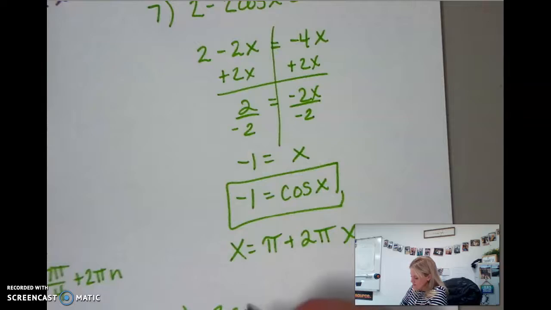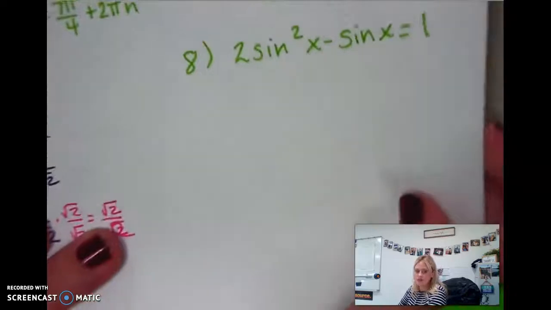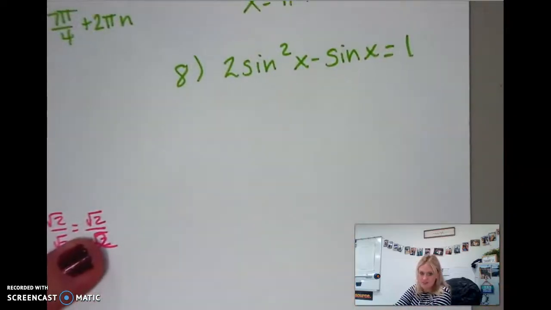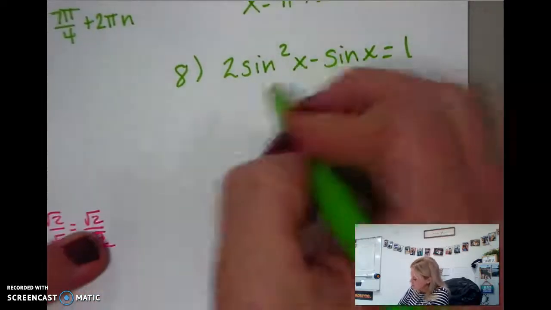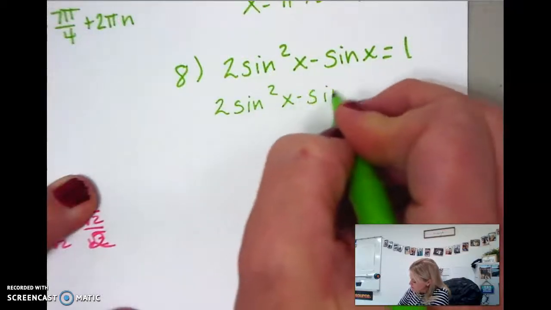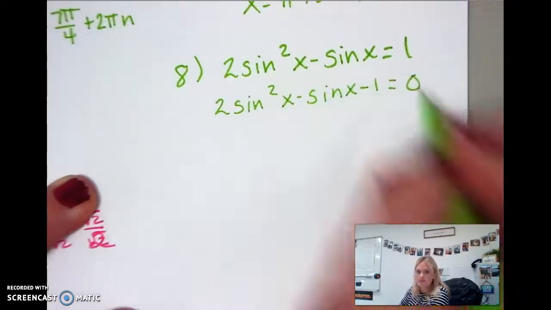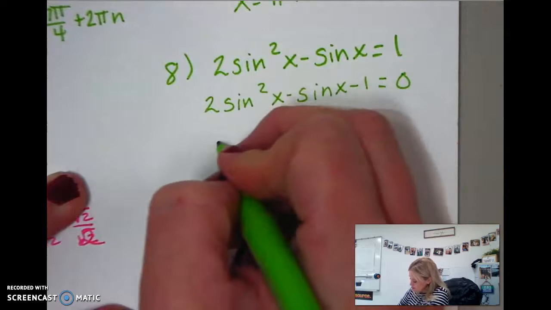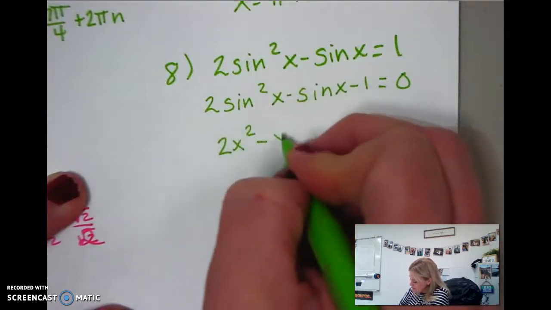All right, let's get into some quadratics. Give this one a try, but a hint, before you do a quadratic equation, you have to get one side equal to 0. So I need to subtract 1 from both sides to get it equal to 0. Again, if it helps, go ahead and take the sine out.